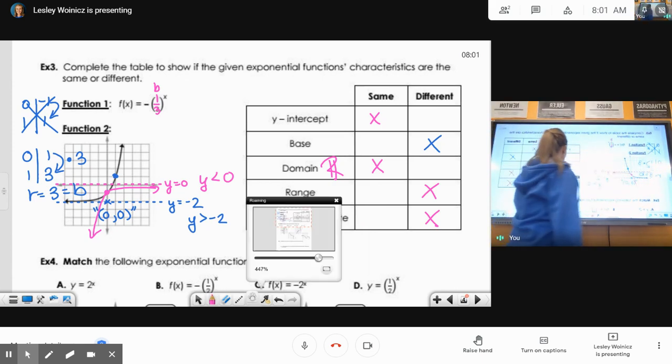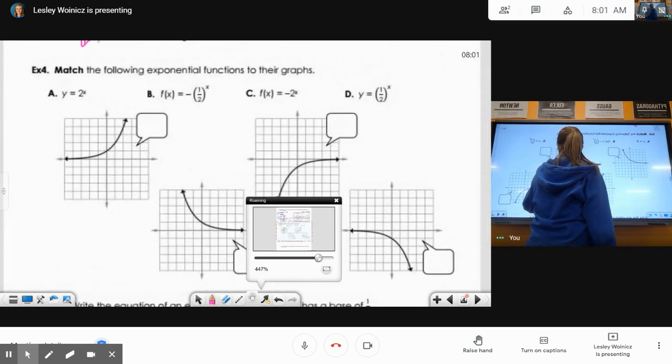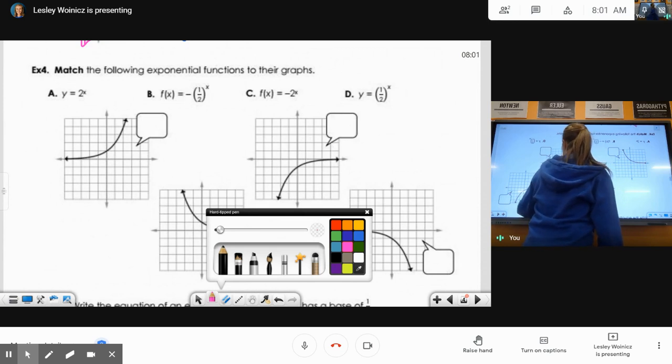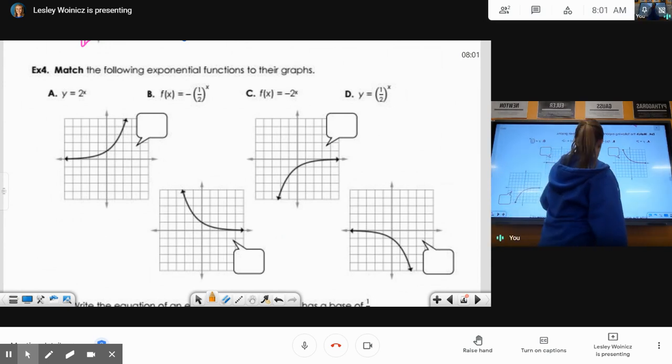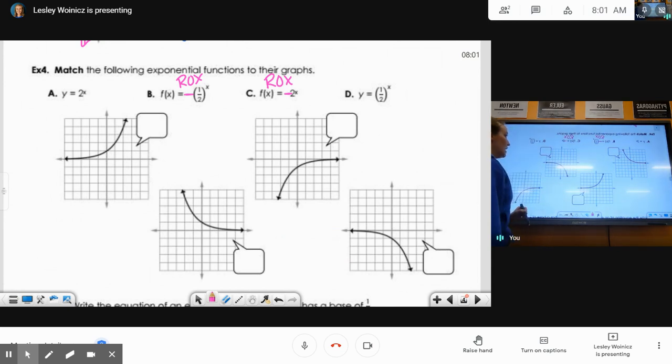Okay, let's look at these. So for these, we have to match the functions to their graphs. So my suggestion to you would be, look at these. These two have reflections. This is a rocks, and this is a rocks. Okay, so when we're looking at these graphs, we can see a rocks and a rocks.